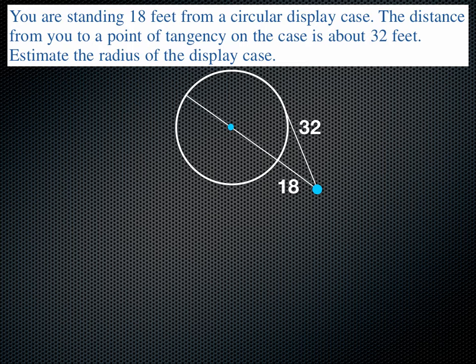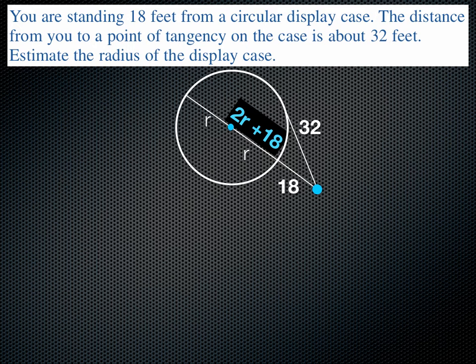We want to find the radius, though. So instead of saying diameter, I'm going to say that this part is the radius and this part is the radius. So if I wanted to find the length of the whole secant segment, it would be r plus r plus 18. Well, r plus r can be simplified into 2r plus 18.